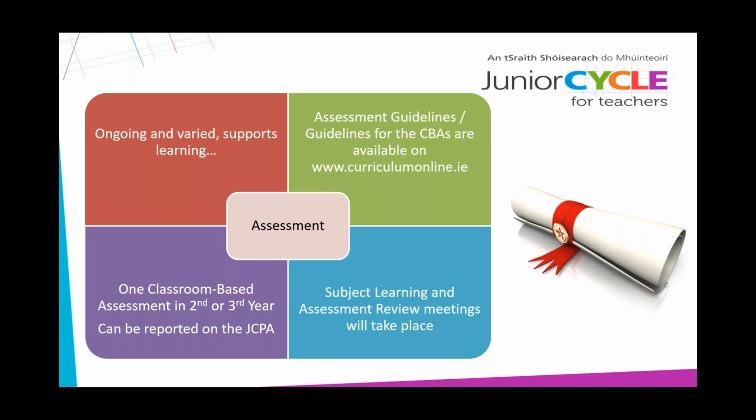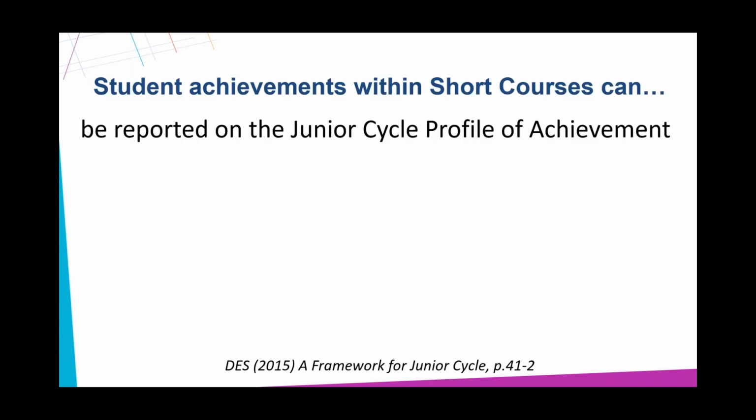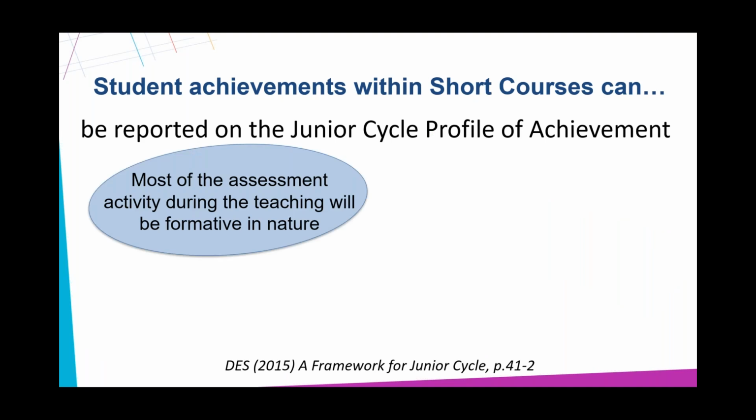And subject learning and assessment review meetings will take place where a school is offering a short course to allow us to decide on the grade descriptor collaboratively with our colleagues for a particular short course. So again, student achievements within short courses will be reported on the junior cycle profile of achievement.